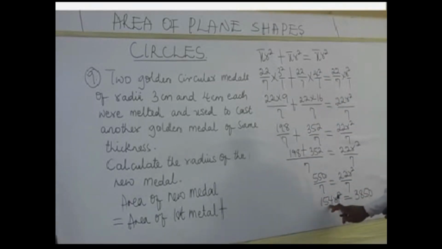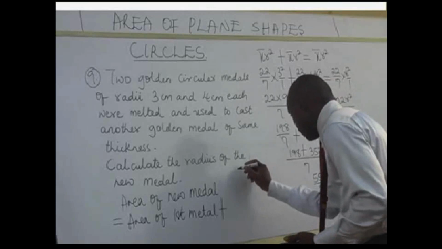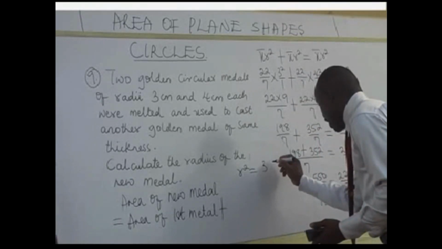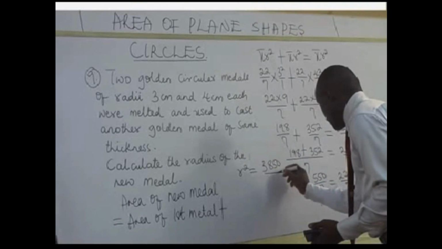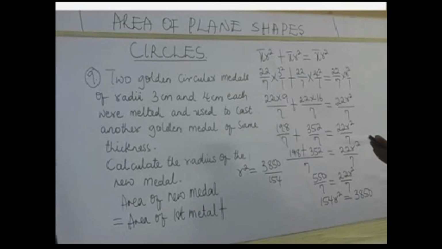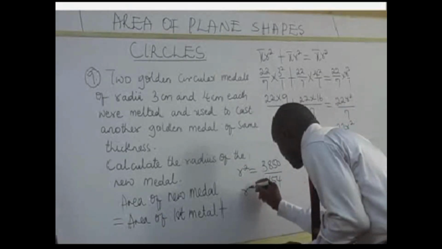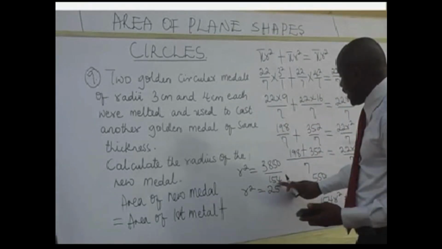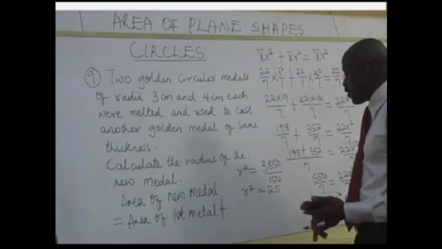We are going to divide both sides by 154 so as to have only r squared on the left hand side of the equation. So we are going to have r squared is equal to 3850 divided by 154. 3850 divided by 154 is giving me 25. So r squared is equal to 25. Now find the square root of both sides.